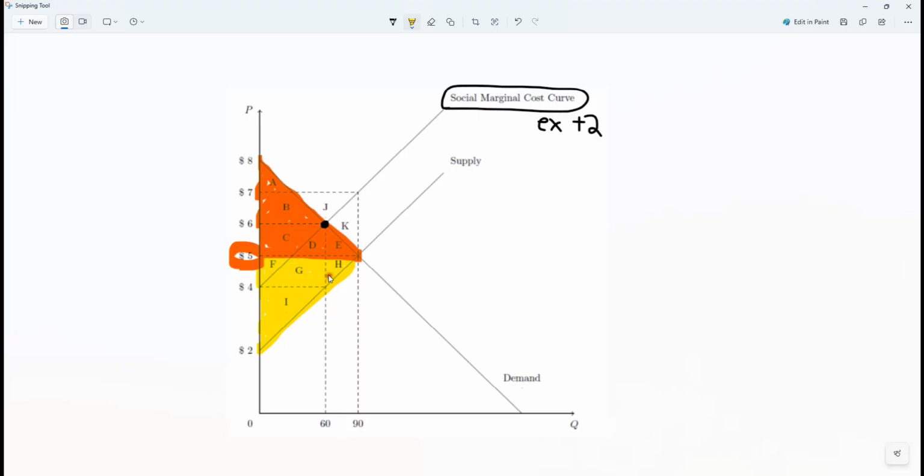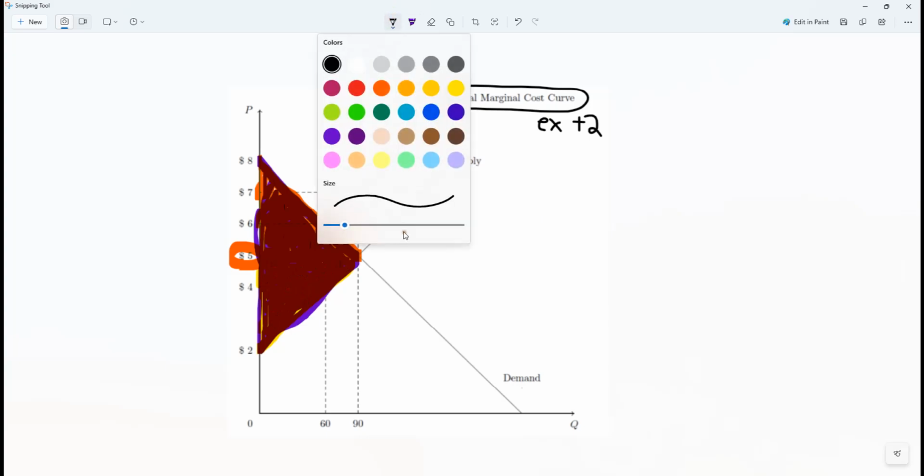The producer surplus is the area of I, F, G, and H. The total surplus is going to be consumer surplus plus producer surplus, so it's like this purple thing that I'm shading right here. This would be the total surplus in the market. You can calculate them separately, but since we're doing total surplus, let's add both of those together.